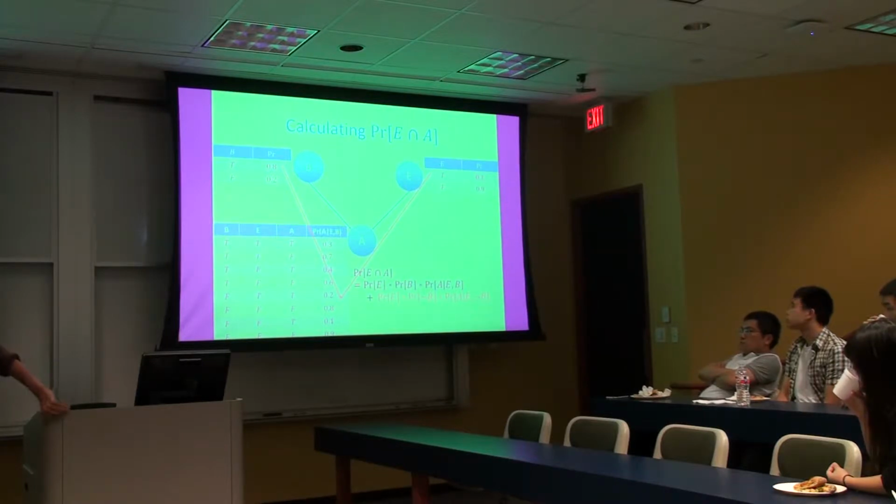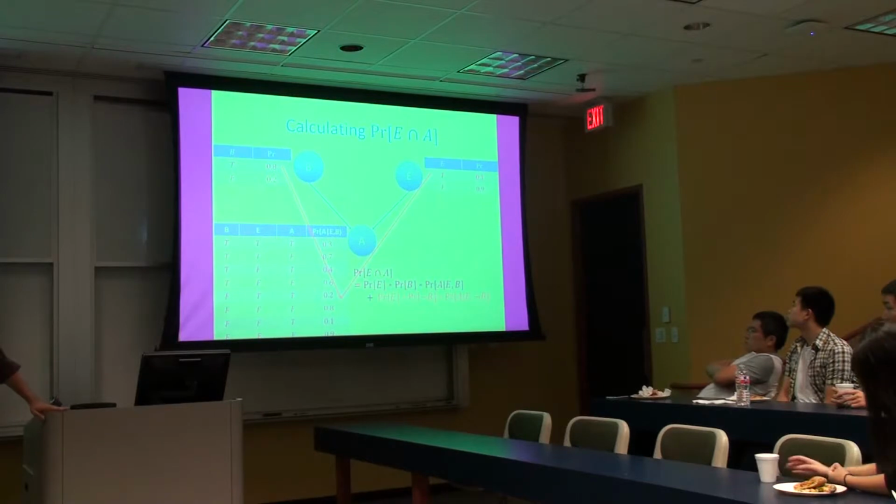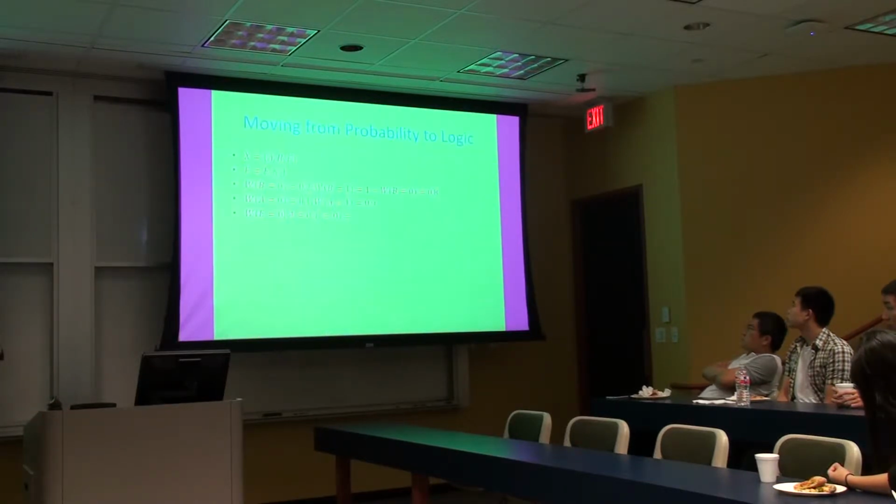So what I'll be doing now is to take this problem that is more of a machine learning problem, and we go to logic. So let's move from probability to logic, because this problem has a very nice relationship to what we study in logic. So let X be the set of variables A, B, E. All of them are Boolean variables.